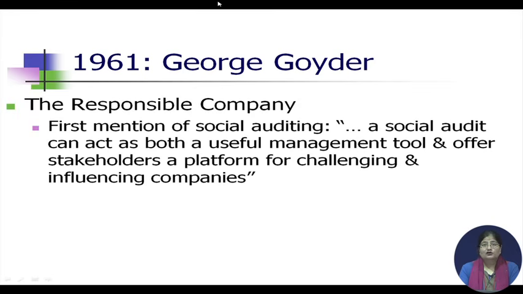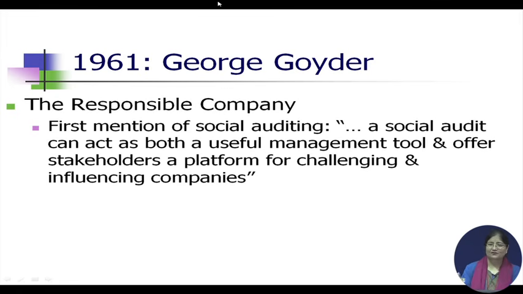Okay. Then in 1961, George Goyder first mentioned social auditing in a book called The Responsible Company, in which he described social audit as something that can act as both a useful management tool and offer stakeholders a platform for challenging and influencing companies.